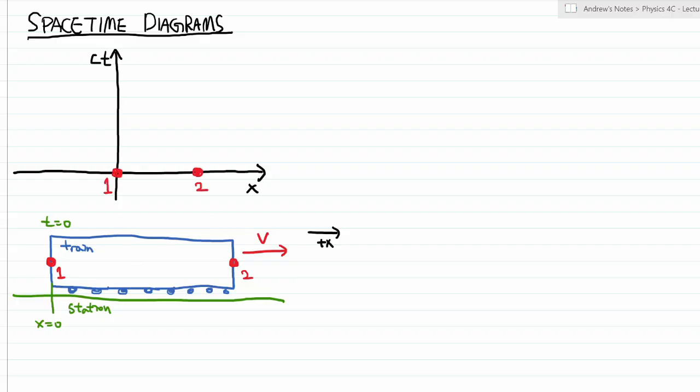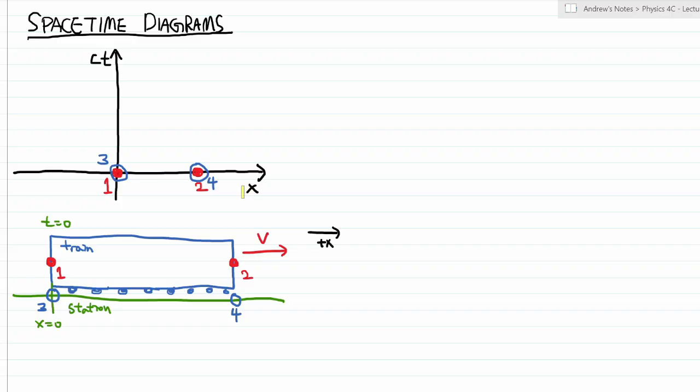And we also have a point at the station. This point on the station here, let me call that 3. And let's just pick a point on the station that matches the front of the train at this moment in time. Let me call that 4. On this space-time diagram, we can illustrate the trajectory of these points.